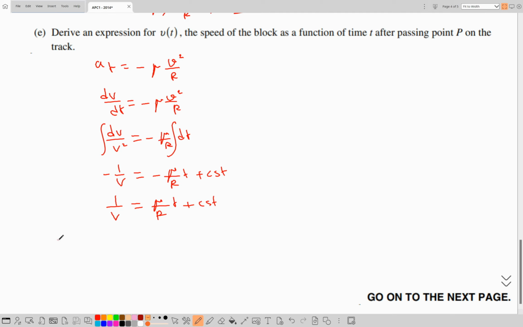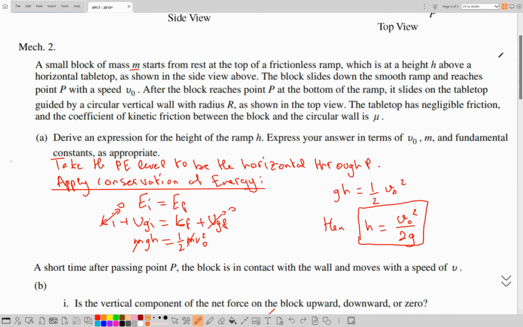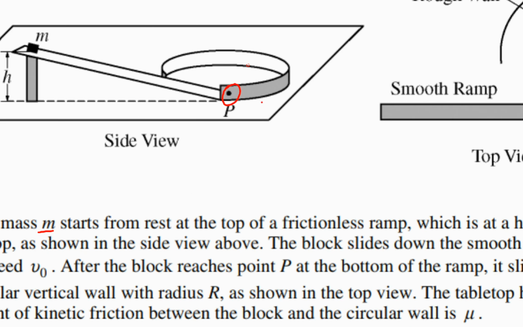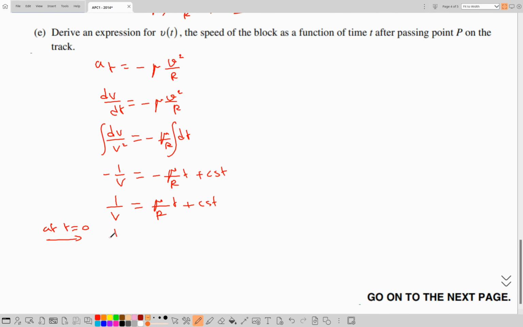Now at t equal to 0, what does t equal to 0 represent? This initial instant represents the start of the motion due to friction, which is at the point P, and we know that at the point P the speed is v0. Then we would have 1 over v0 equal to mu over r multiplied by 0 plus a constant. Then this constant is basically 1 over v0.